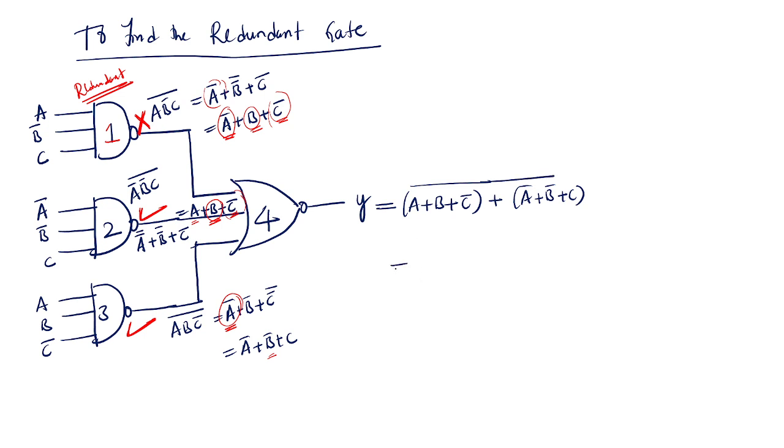So that means A or B or C bar, whole bar, and A bar or B bar or C. Only you will get the equation from these two. Here the question is asking only for the redundant gate. He is not asking for the final equation. We need to identify the redundant gate.